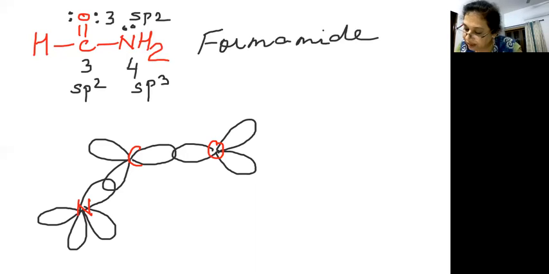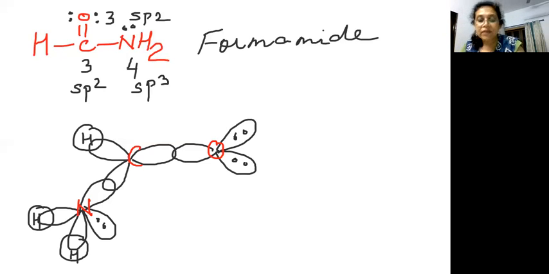Okay, oxygen has 2 lone pairs of electrons present. Carbon has on one side 1 hydrogen attached. Nitrogen has a lone pair of electrons and 2 hydrogens attached. So let us write the hydrogens. Fine. Now what is left? What is left is the pi bond. So let us make the pi bonds.